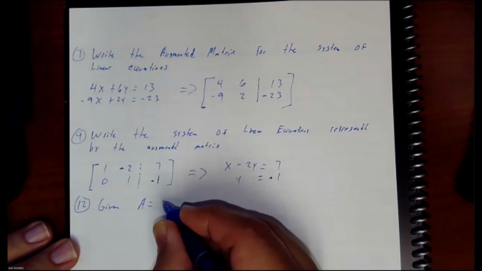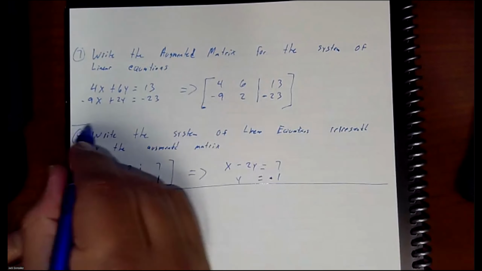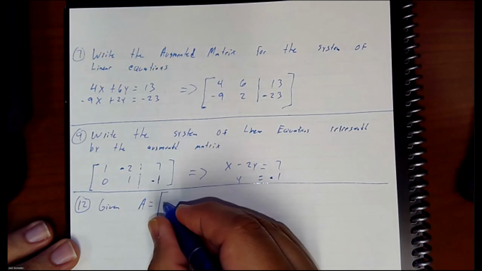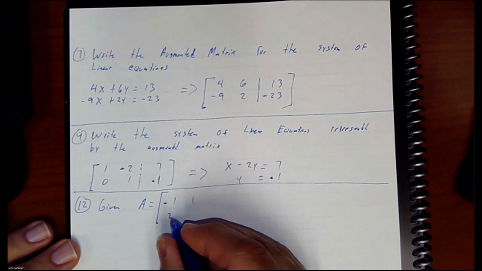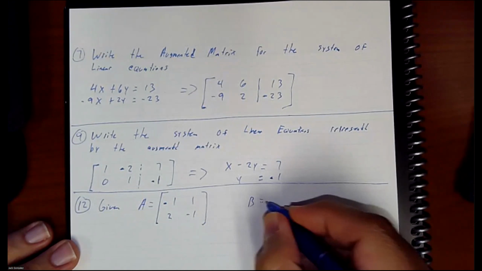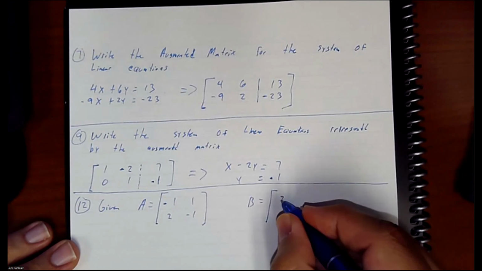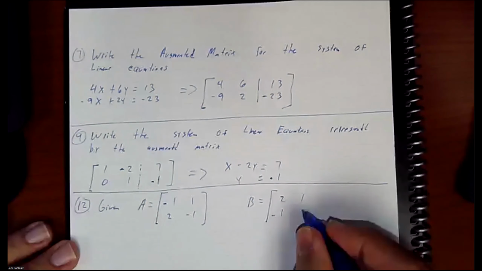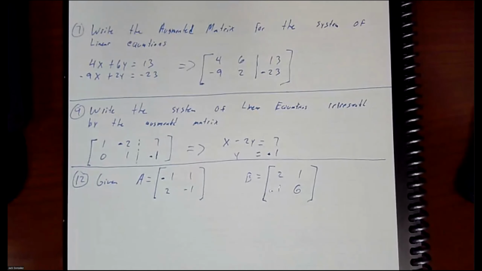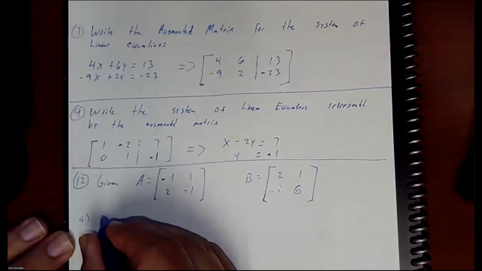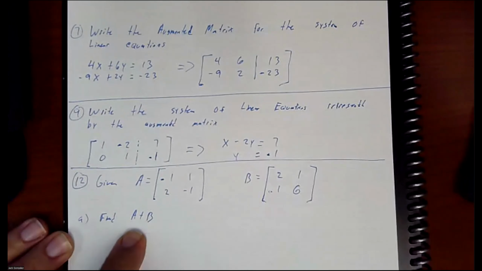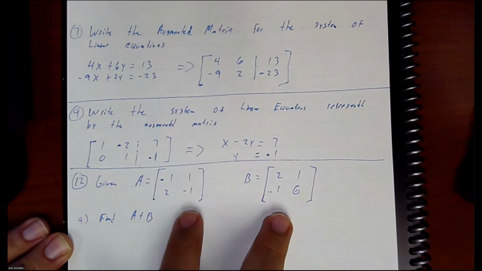So given that A is equal to -1, 1, 2, -1, and B equal to 2, 1, -1, 6. Part A says find A plus B. And remember, in order to add or subtract, they have to be the exact same dimension.